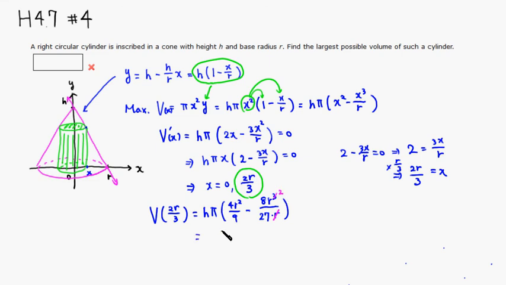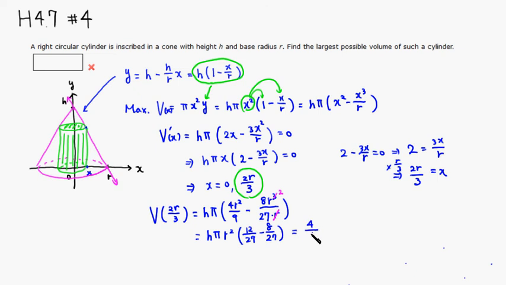So you're going to have h pi, and r squared is here, and then you have 4 over 9, so I'm going to write it as 12 over 27 minus 8 over 27. So that's going to be 4 over 27.